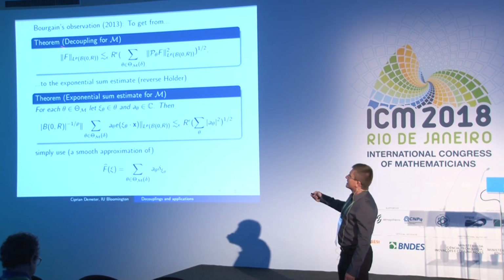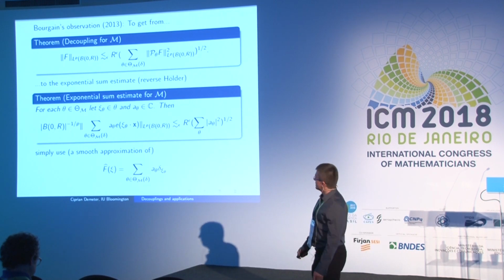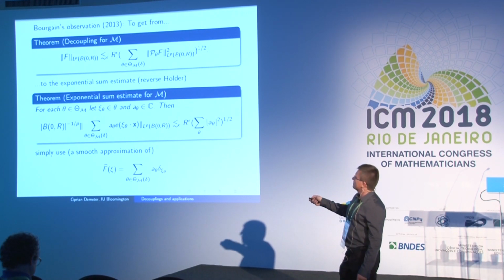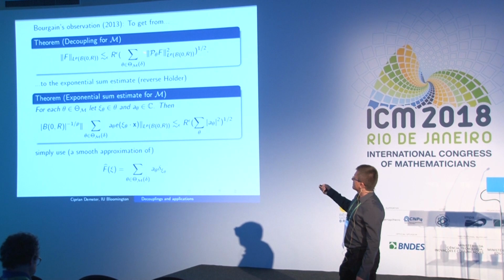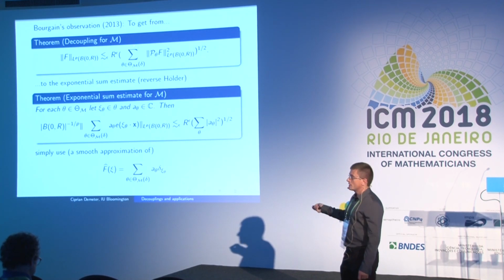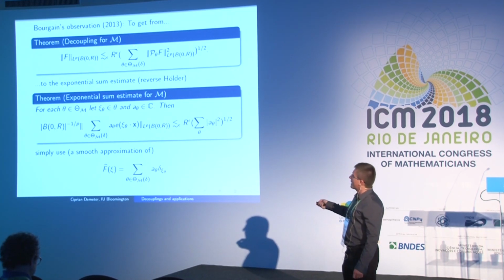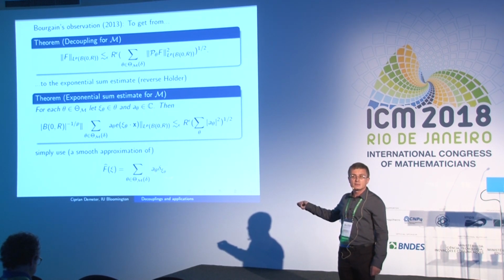Well, prove a decoupling. Prove a more general statement for the same partition, for the same manifold, right? And notice that I'm allowing an R to the epsilon loss on both sides. And how are you going to get from here to here? Well, if you want to cheat a little bit, you just plug in a function whose Fourier transform is this combination of Dirac deltas.